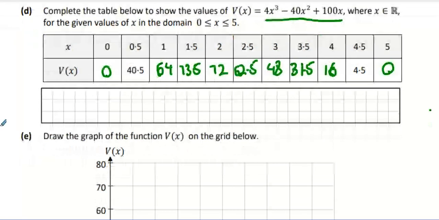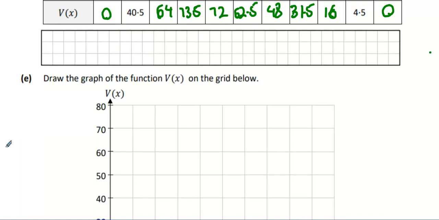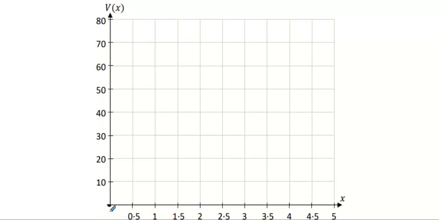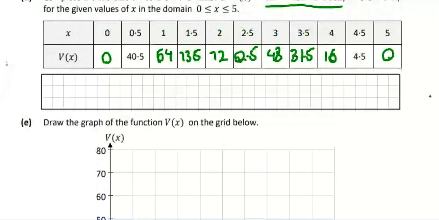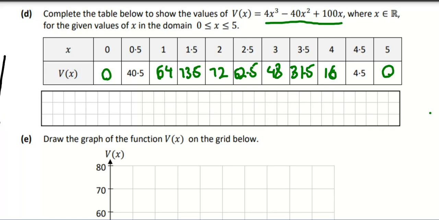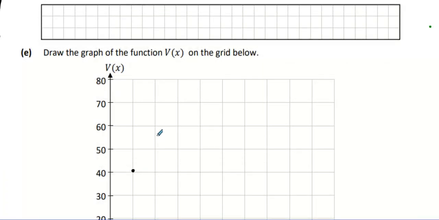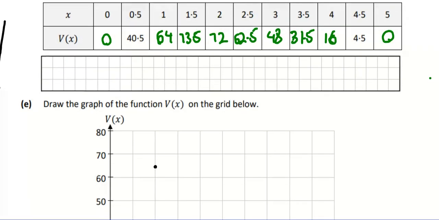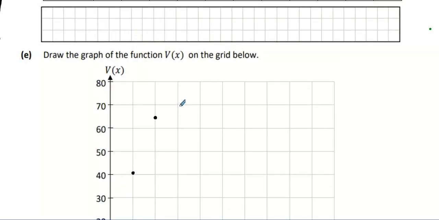Now I'm going to have to draw these out, unfortunately for me. So 0, 0, located here. 0.5 is 40 and a tiny bit, 40.5. 1 and 64, so it's below 65. We're going to go 1.5 and 73.5, around here.